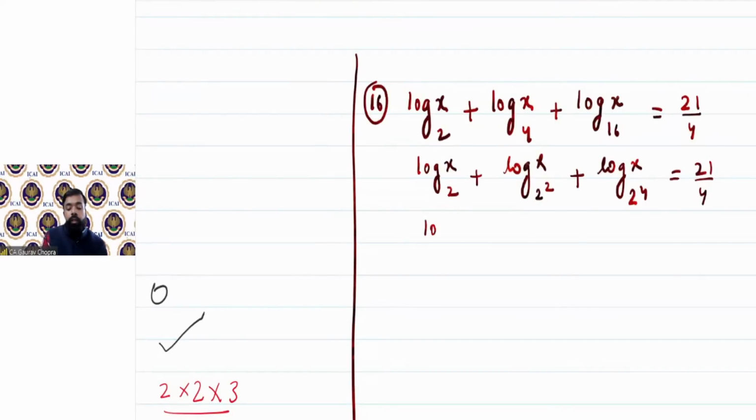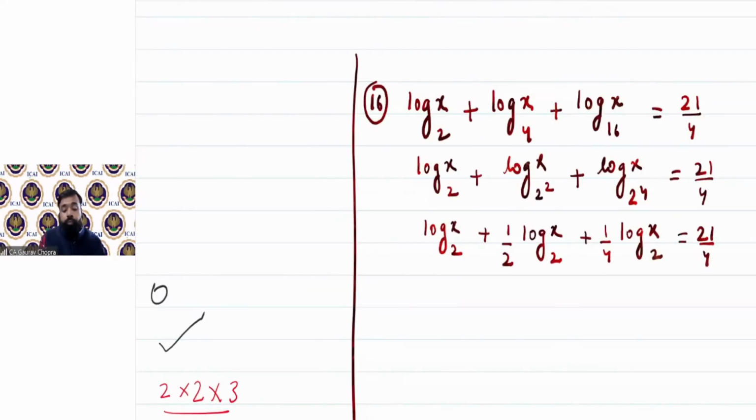So we can write log x base 2 plus 1 by 2 log of x base 2 plus 1 by 4 log of x base 2 equal to 21 by 4. Now you can take log x base 2 as common. So what is left? 1 plus 1 by 2 plus 1 by 4.